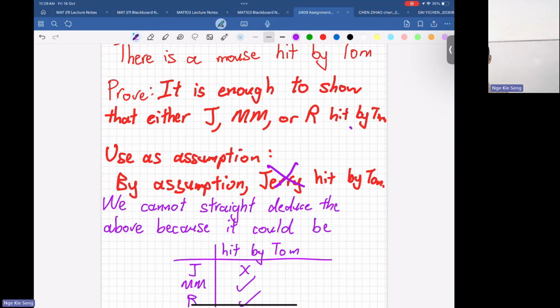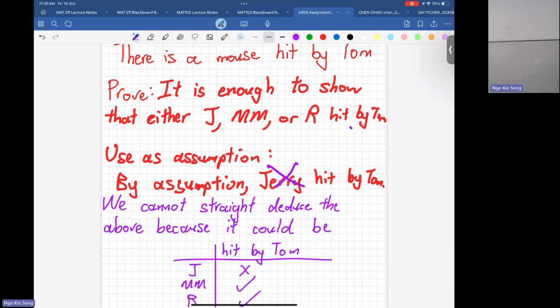This is very important. The exists doesn't allow you to use any mouse, only the mouse that gets hit. If you happen to know which mouse gets hit, then you can deduce that Mickey Mouse gets hit, but it's not because of that statement. Actually, you already know how to prove Mickey Mouse gets hit first, because the exists didn't tell you which one. It just tells you there's some mouse. If you want to use an exact mouse, you have to prove it.